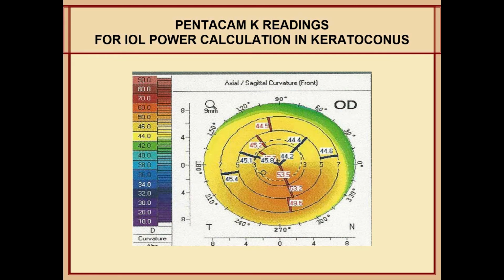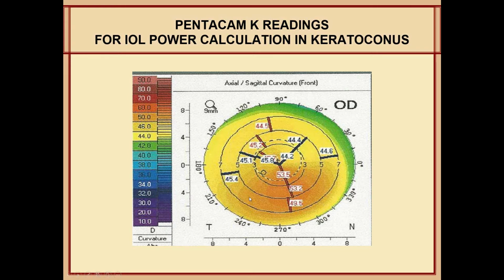Now, what I like about the Pentacam also is I got burned a few times on keratoconus eyes and the measurements from a keratoconus eye. The keratoconus, as you know, differs from patient to patient, but look at this one. It is very steep on the lower part, but not in the center.